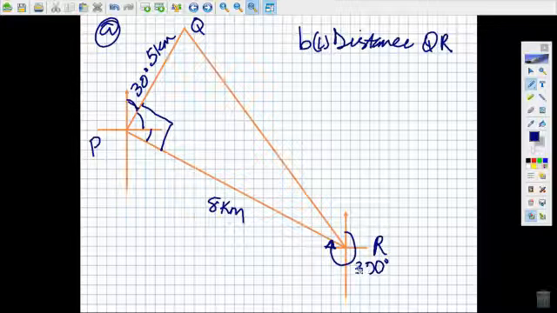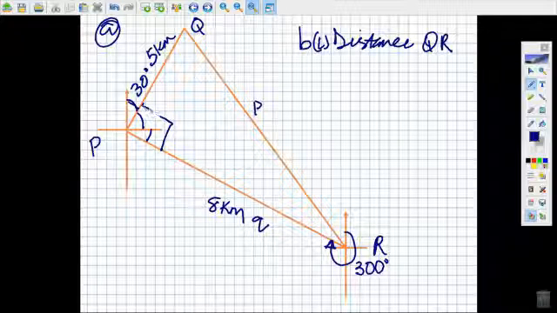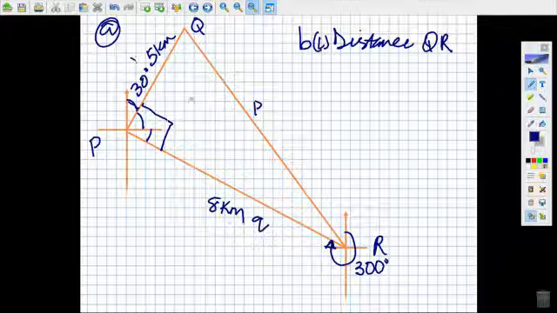Normally the side opposite to the vertex P is represented by small letter p, the side facing Q is represented by small letter q, and the side facing R is represented by small letter r.